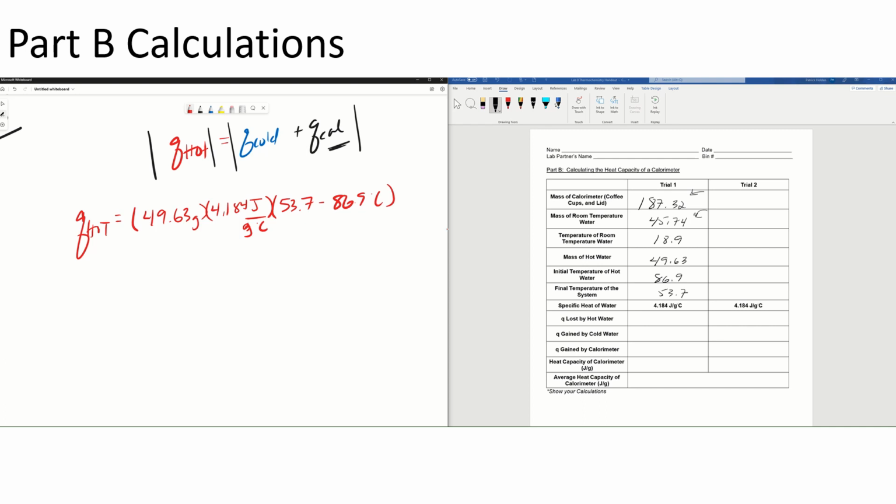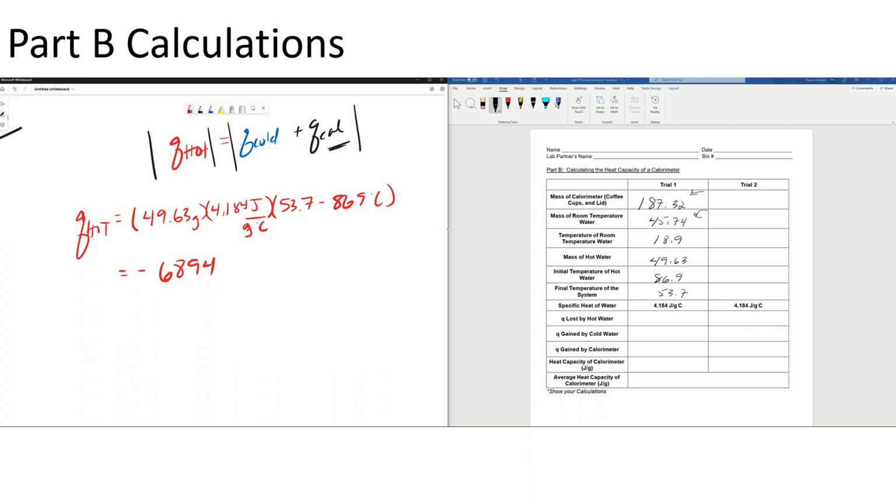All right, so 53.7 minus 86.9 times 4.184 times 49.63 tells us that our Q of the hot is negative 6894. This is 4 sig figs.